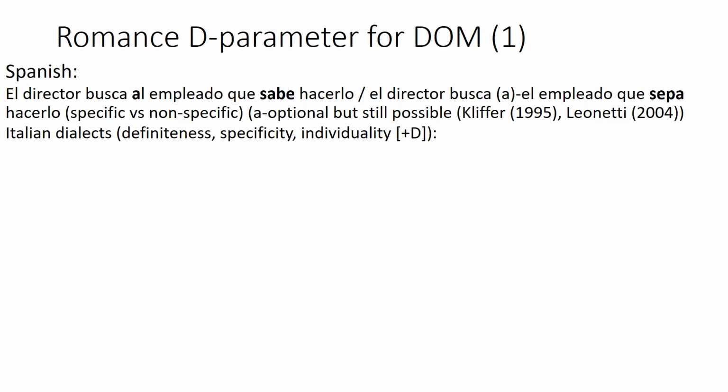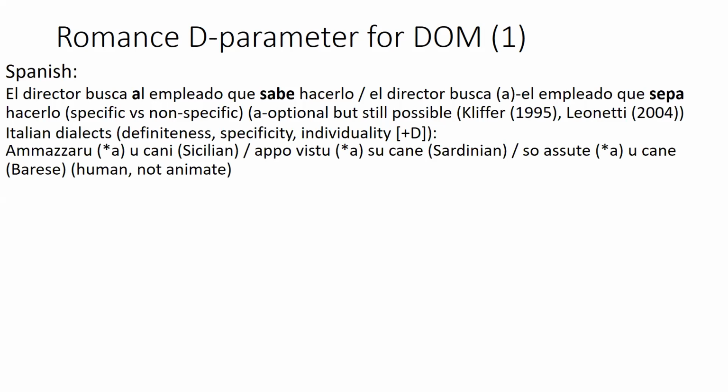If you contrast it with the Italian dialects, the various defects seem to be a bit more significant, because here it's not the case that all human objects can be marked by a.